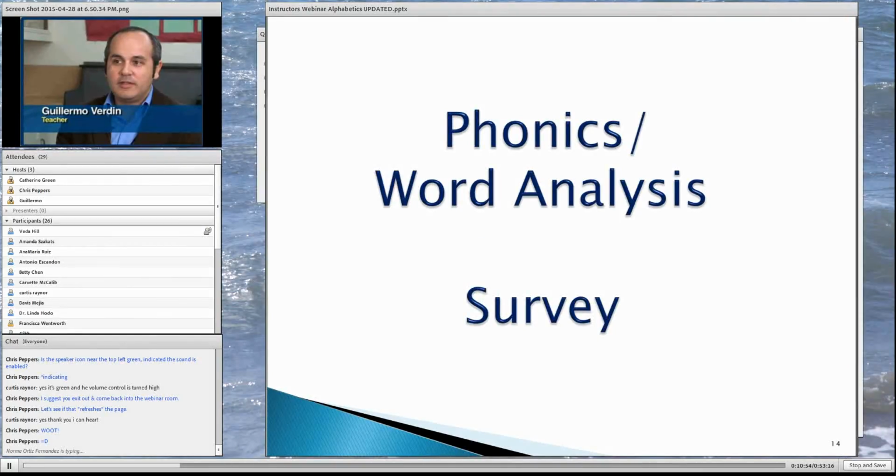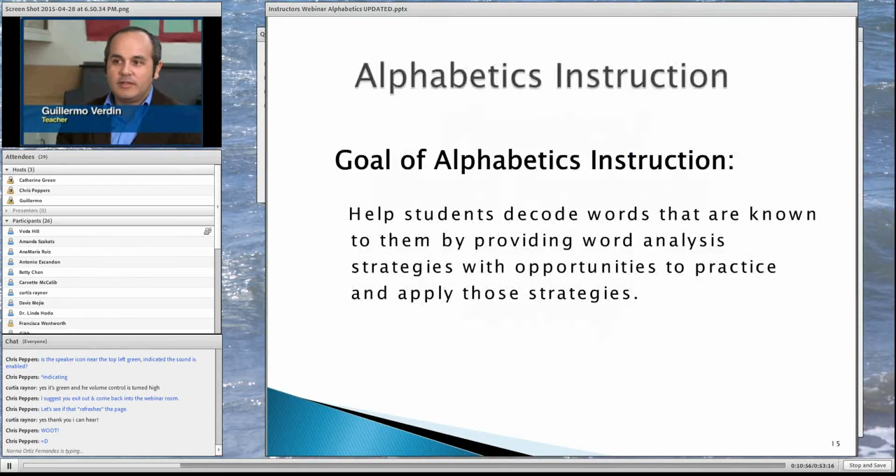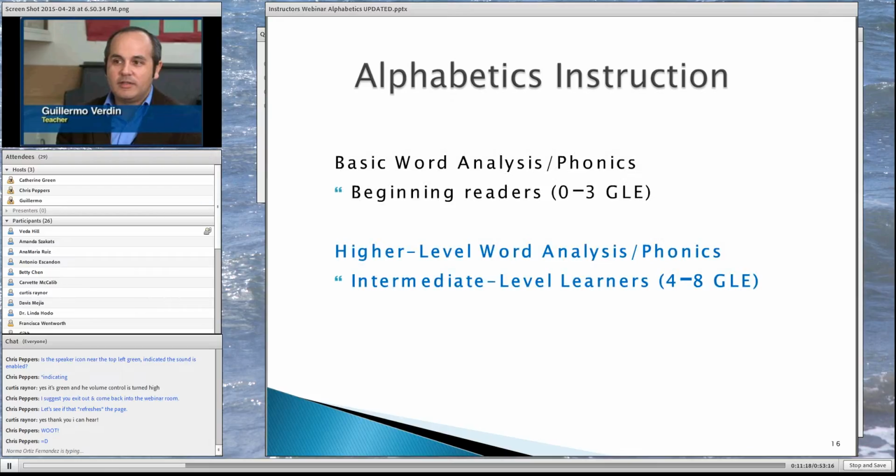All right, here we go. So the ultimate goal for Alphabetics instruction is to help students decode words that are known to them by providing word analysis strategies with opportunities to practice and apply those strategies. Now, most adult learners at the intermediate level, they have a good basic phonemic awareness.